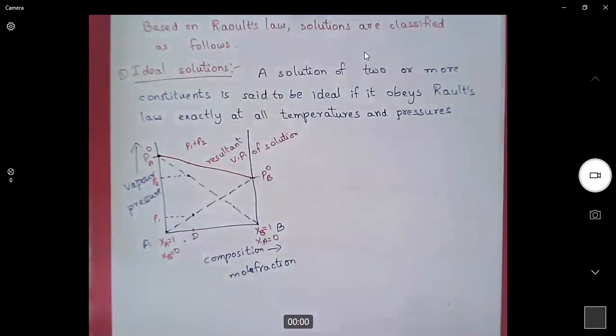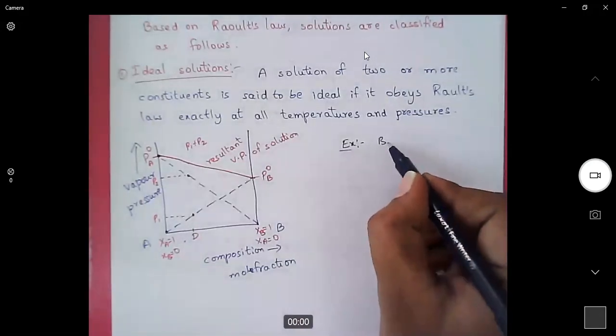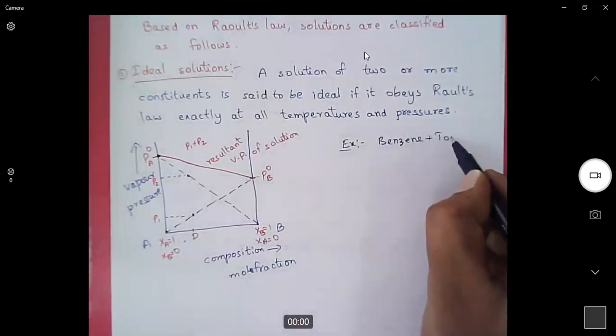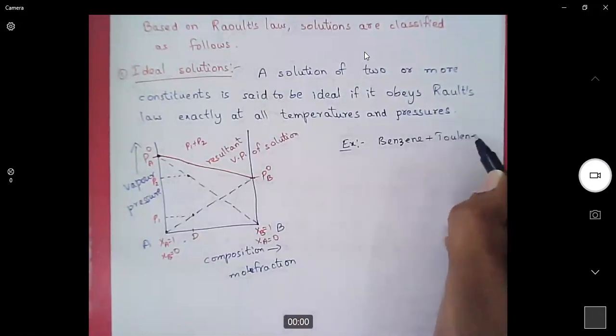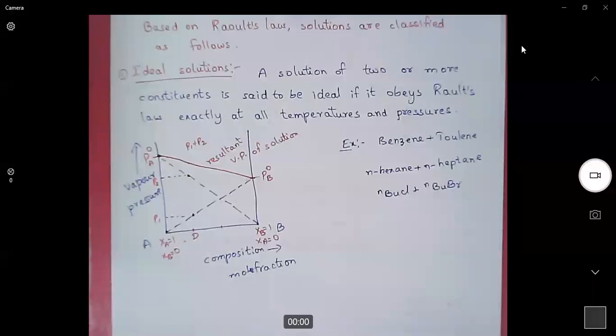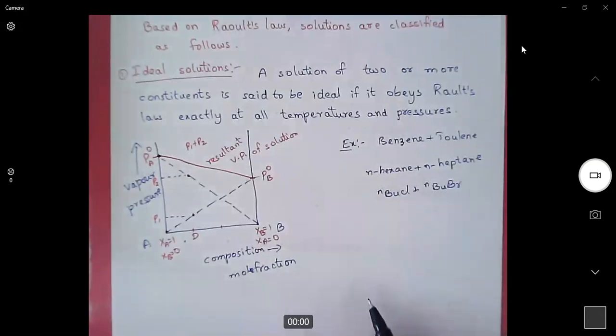I'll give some examples of this type of solution. Benzene plus toluene form an ideal solution. This is also the case for n-butyl chloride and n-butyl bromide. They will form an ideal solution.